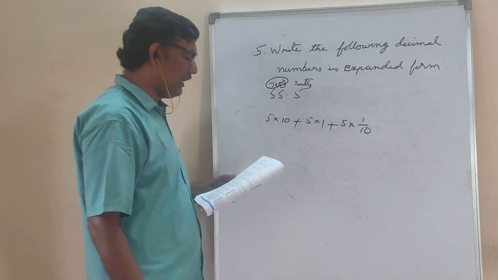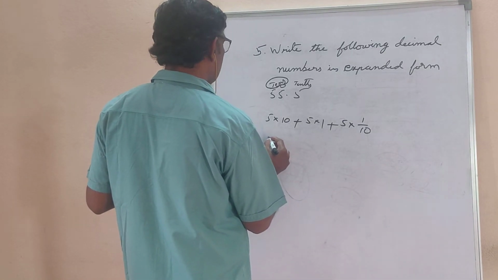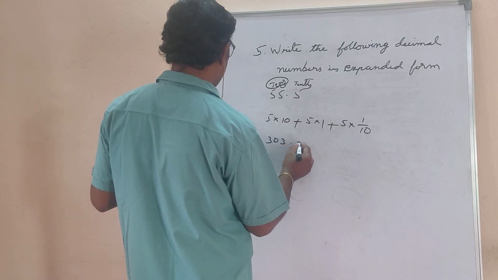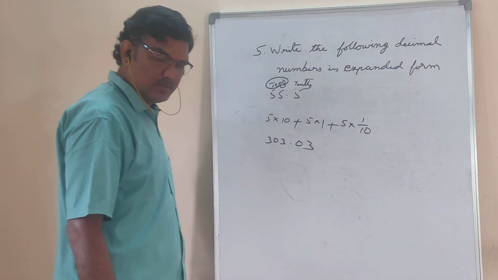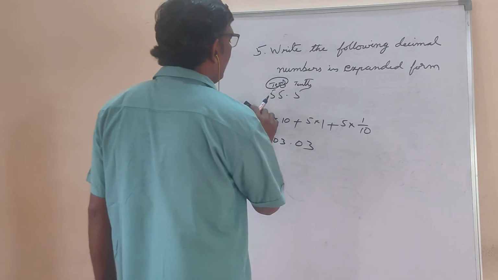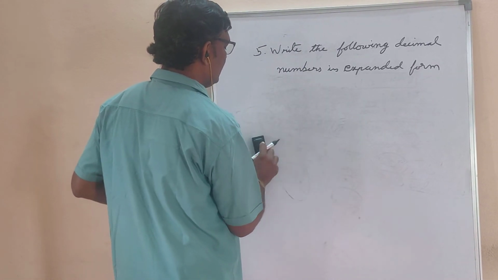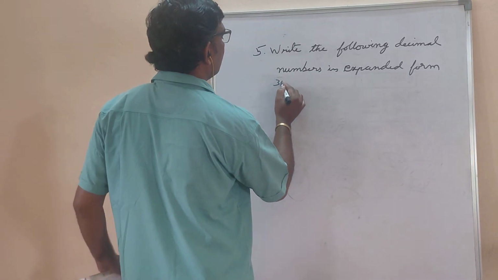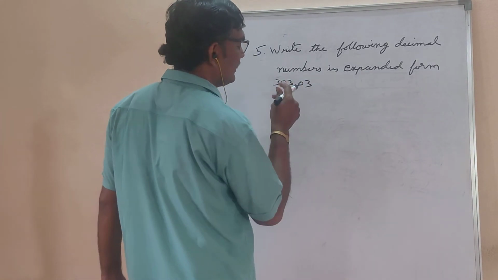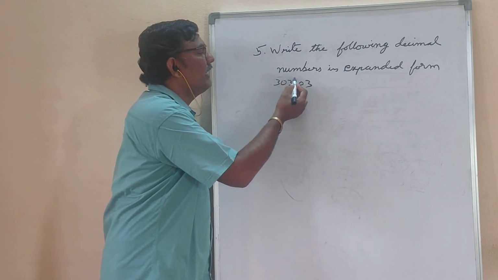Now if you want another one, like 303.03, you can write it. First I said you have to keep the place values.